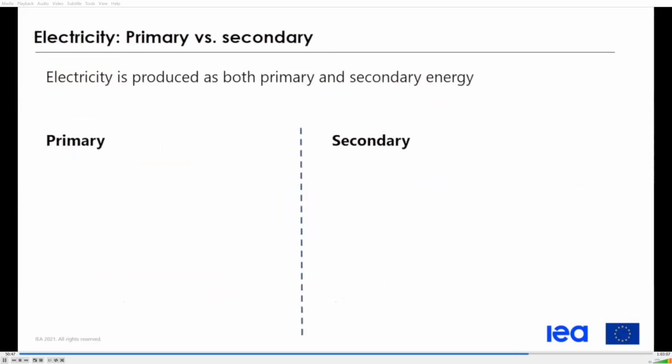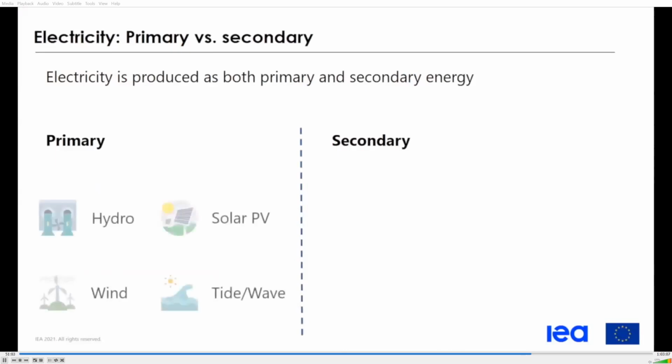So firstly, let's look at sources of electricity to see how we distinguish the possible sources. Electricity is produced as both a primary and secondary energy commodity. Primary electricity is obtained from natural sources such as hydro, solar photovoltaic, wind, tidal, or wave energy, for example.